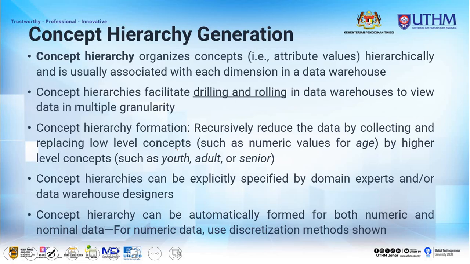Geographic dimension: country, state, city, and neighborhood. Product dimension: category, subcategory, product type, specific product. So this is how the hierarchy works. Basically, it's like hierarchy levels. Level 1 is the root. From the root, we have branches. Each branch has sub-branches, and so on.